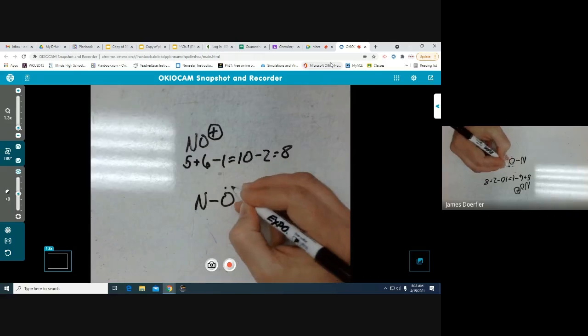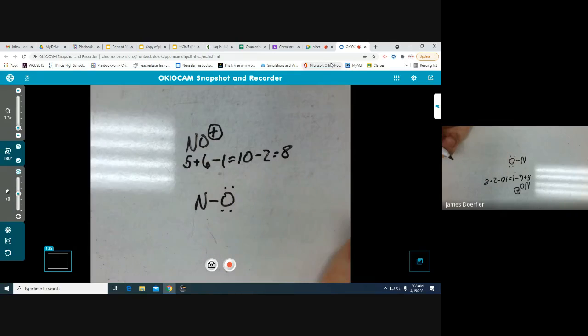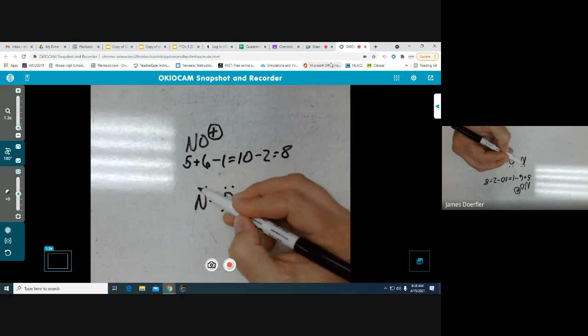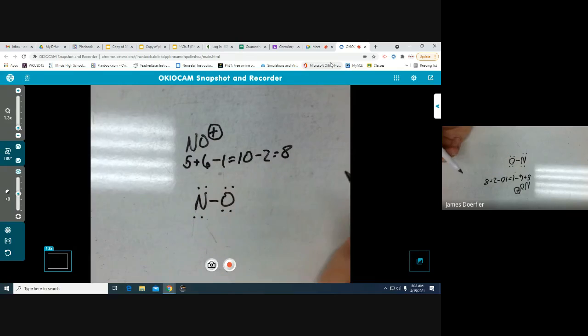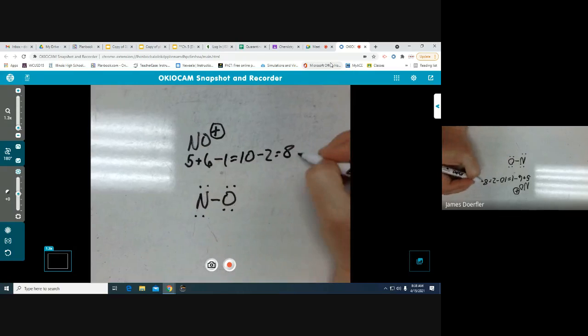We could put 2 here, 2 here on oxygen, 2 here, 2 here on nitrogen. So I just used my remaining 8 valence electrons. But does everybody have a full octet? No, they don't.